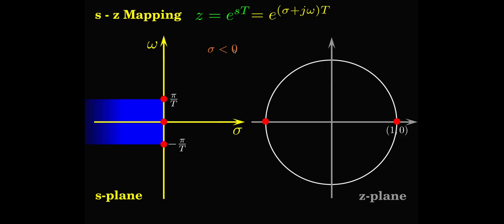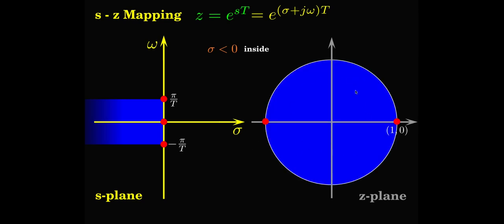So sigma less than 0 implies e to the power of sigma into e to the power of j omega, e to the power of sigma t into e to the power of j omega t. So e to the power of sigma t, where sigma is less than 0 negative, will result in values less than 1, and therefore it falls inside the unit circle. All this will map in here.